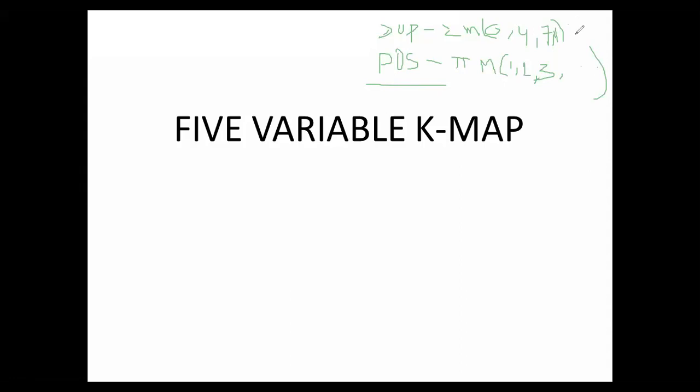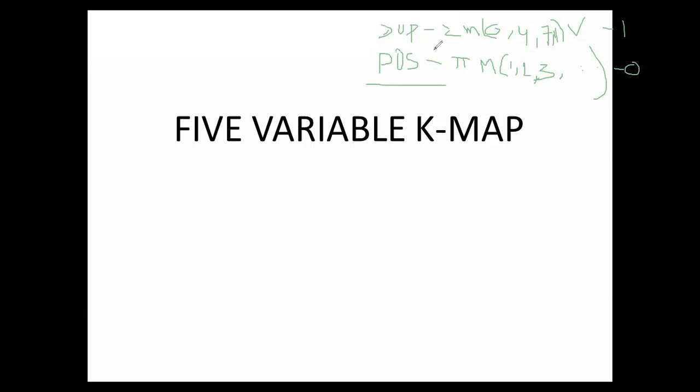If SOP is given, then we place 1 in the corresponding cell and group the adjacent ones. If a POS function is given, then we place zeros in the corresponding cells and group adjacent zeros. Do you remember?